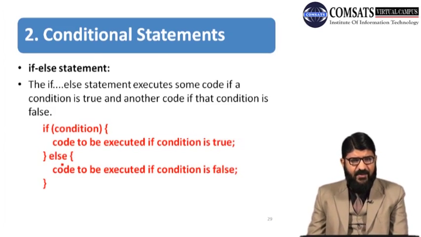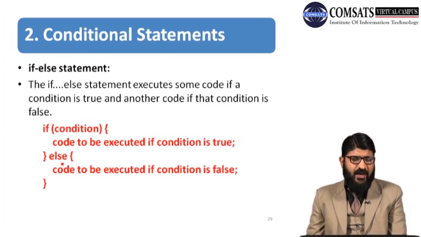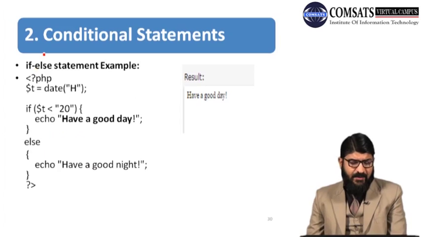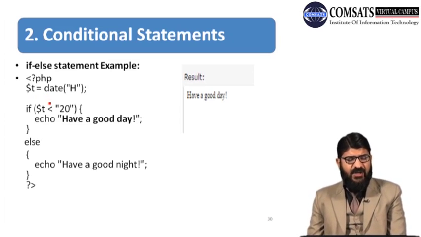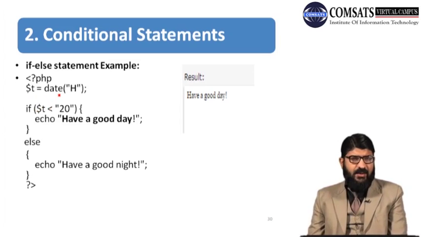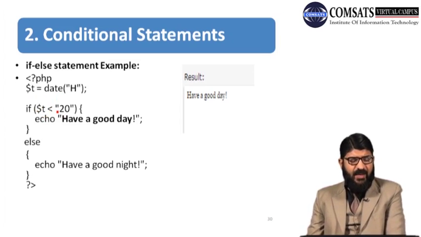On true, the if block will be executed; on false, the else block will be executed. Let's see the example. Again, the PHP start tag is mentioned with the time given, and then a condition in the if: if the t variable is less than 20, print "Have a good day".